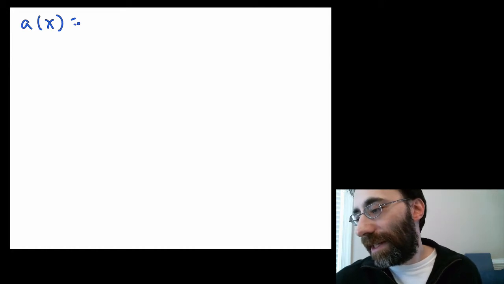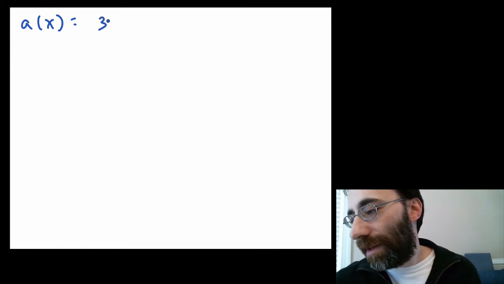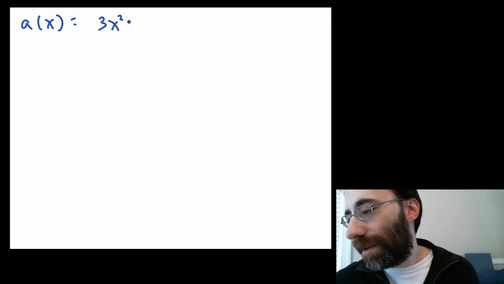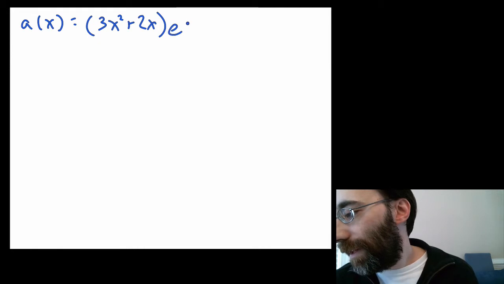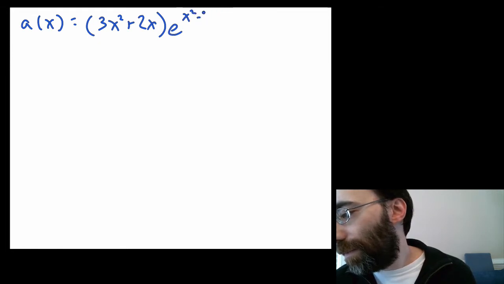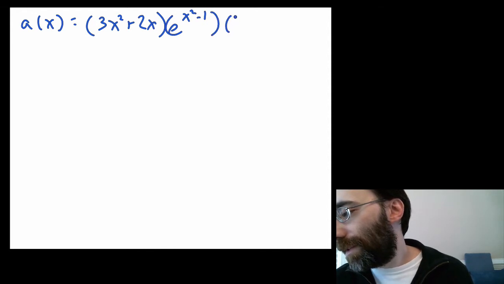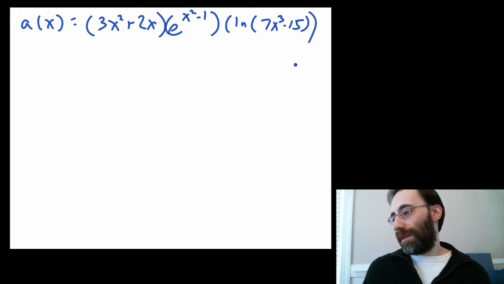So let's see, let's call it 3x squared plus 2x, and we'll have an e to the x squared minus 1 times logarithm of 7x cubed minus 15. And that's probably enough for now.